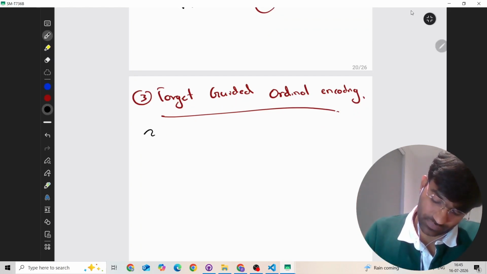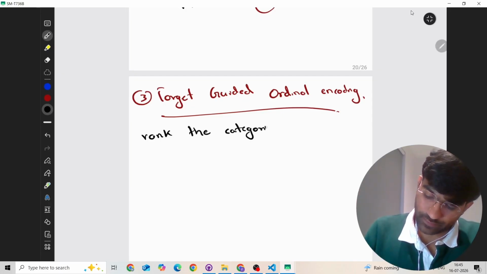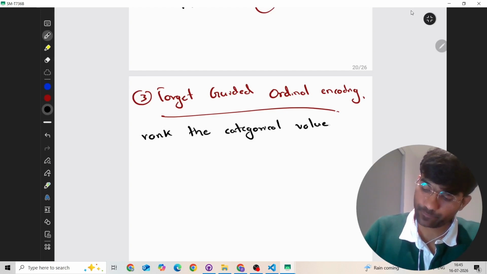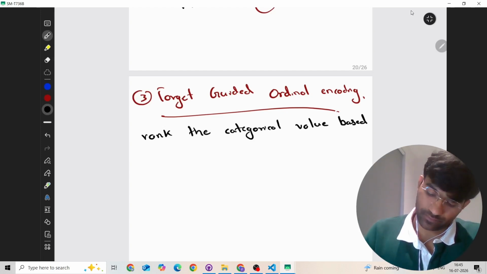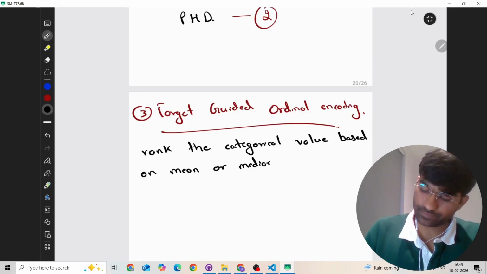Rank the categorical value based on mean or median of target value.